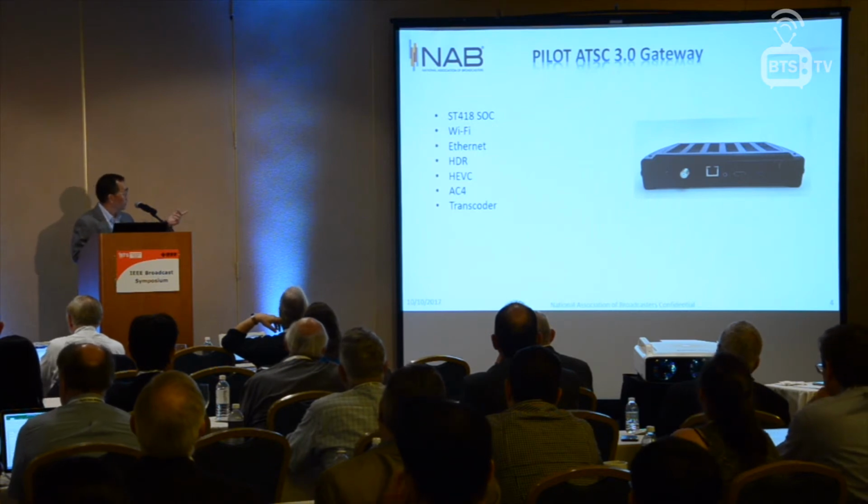The one thing that I didn't mention here is it also has 64 gigs of flash. The reason we put so much flash in there is because we wanted to experiment with the concept of downloading a lot of ads, pre-positioning the ads into the receiver, and experimenting with switching ads for ad insertion, what we call client-side ad insertion.